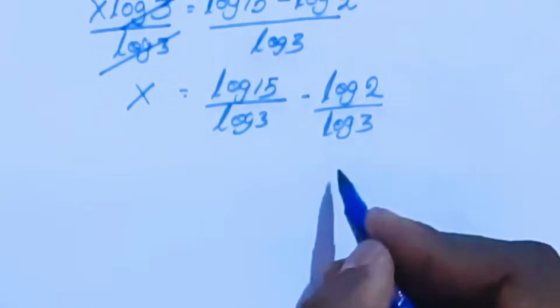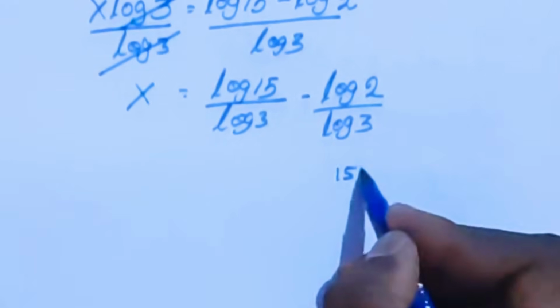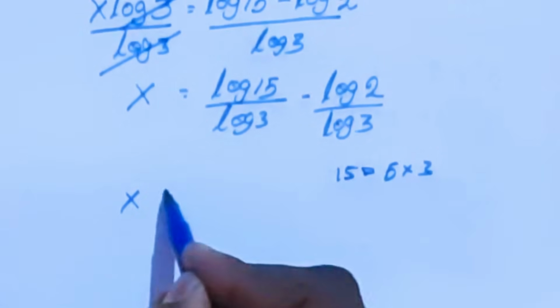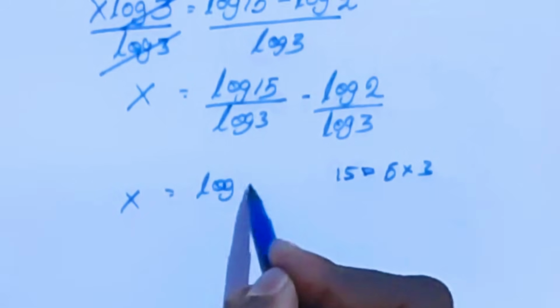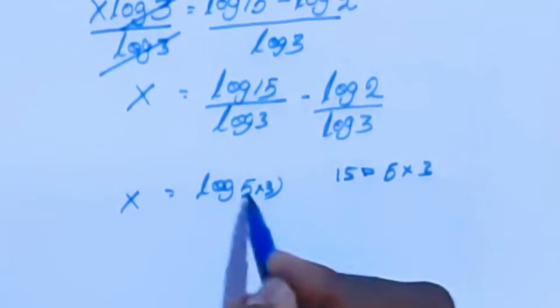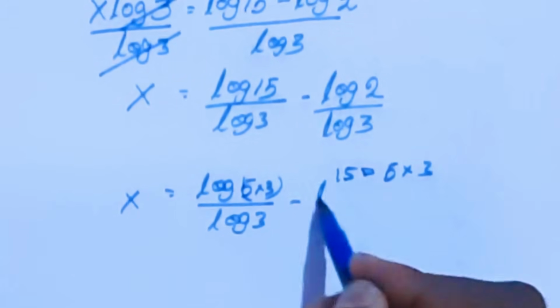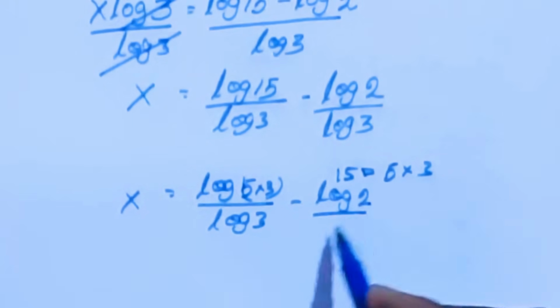Now this 15 can be written as 5 times 3. So x equal to log 5 times 3 by log 3 minus log 2 by log 3.